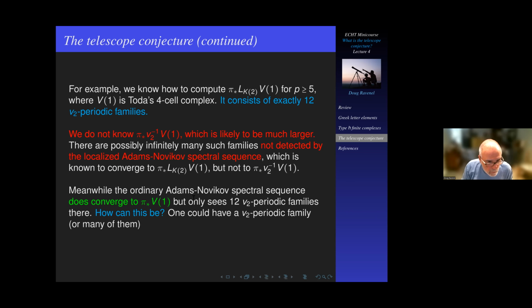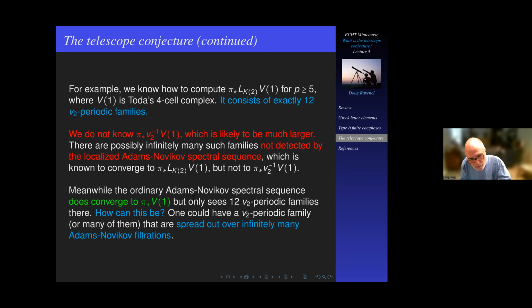So this is what happens. You could have a V2 periodic family, but it's spread out over infinitely many Adams-Novikov filtrations. So in other words, you could have some element in the homotopy of V of 1, and you could see it in the Novikov spectral sequence, and then you could multiply it by various powers of V2, and eventually it's going to jump up to a higher filtration.